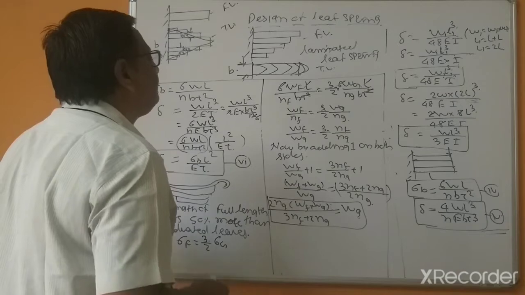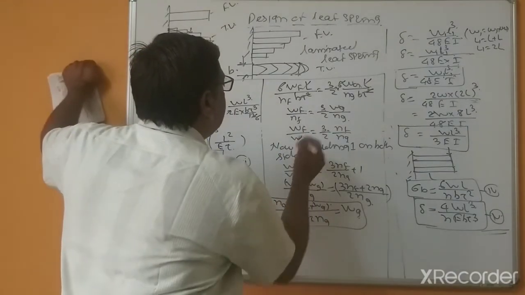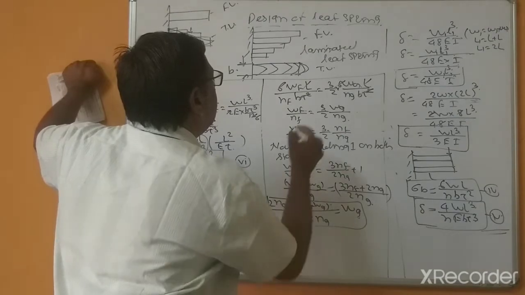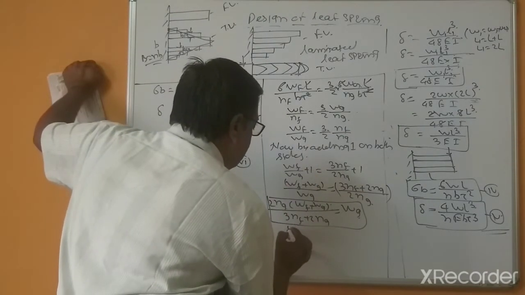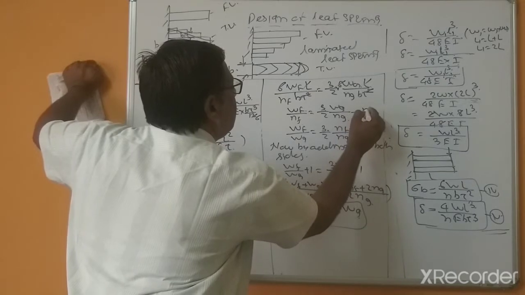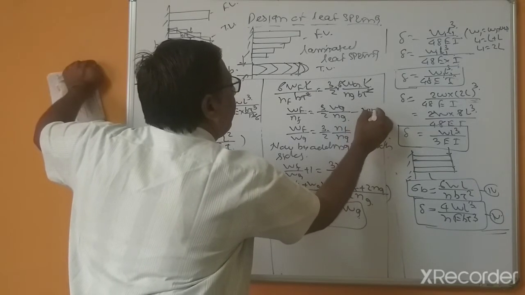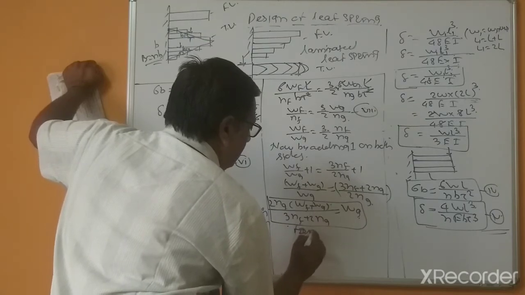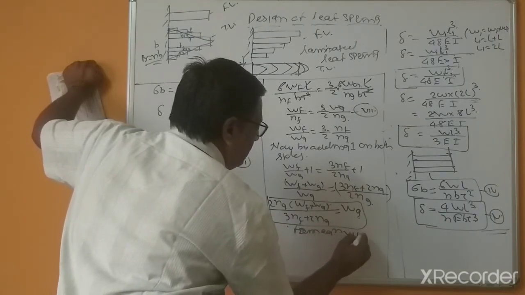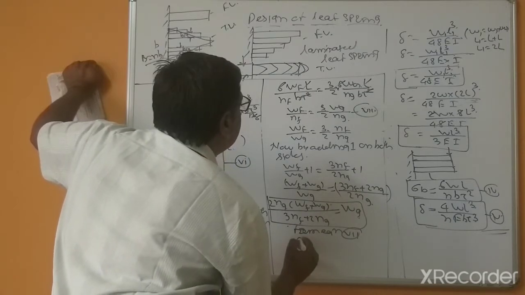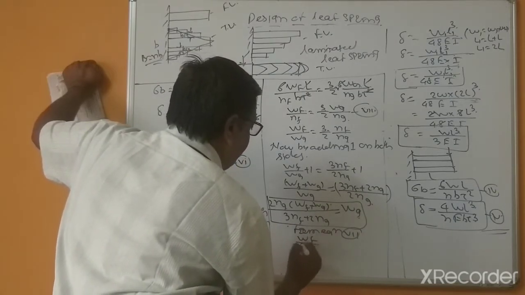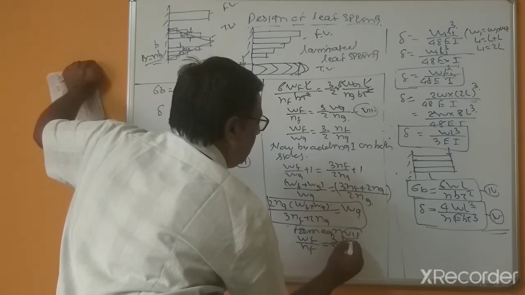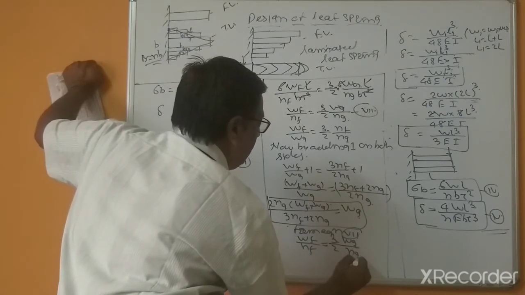Similarly, if we change this, from the 7th equation, WF by NF equals 3 by 2 WG by NG.